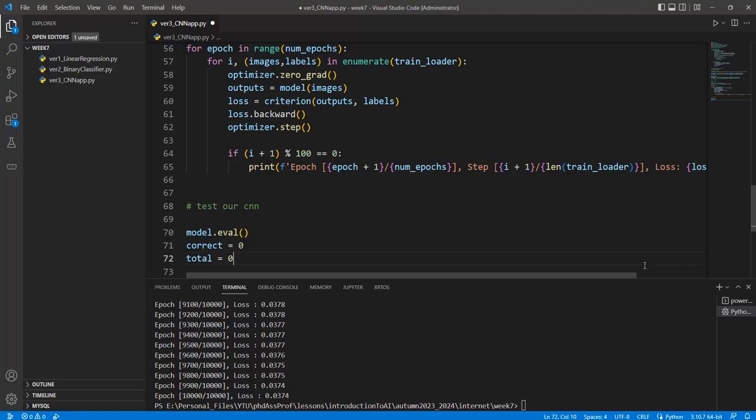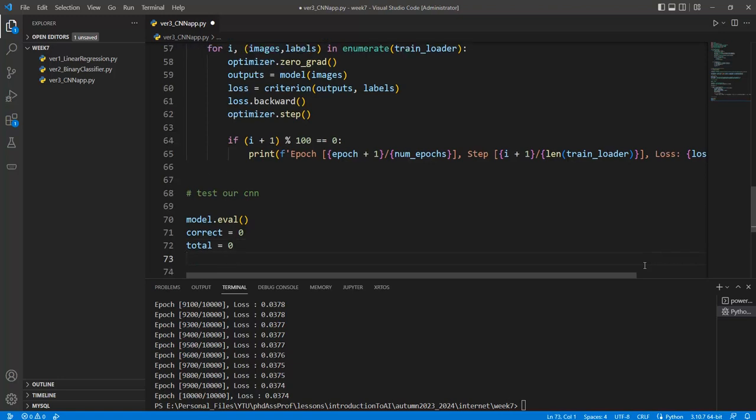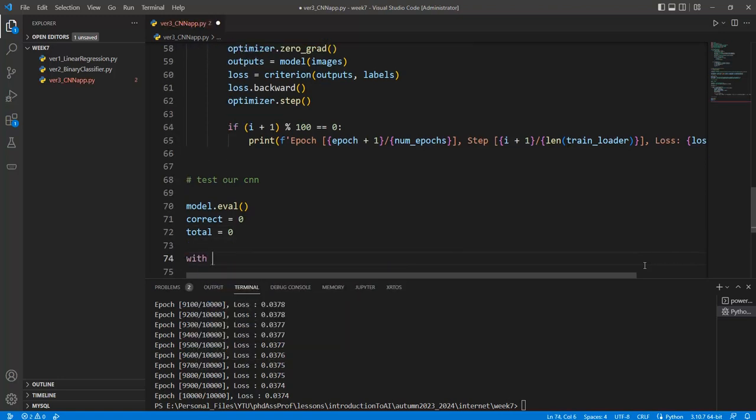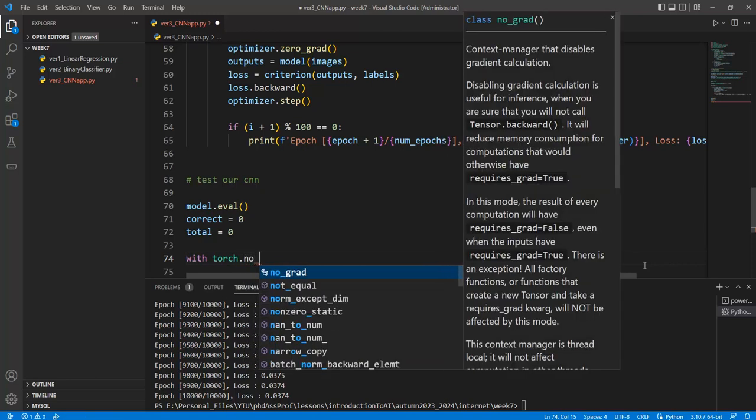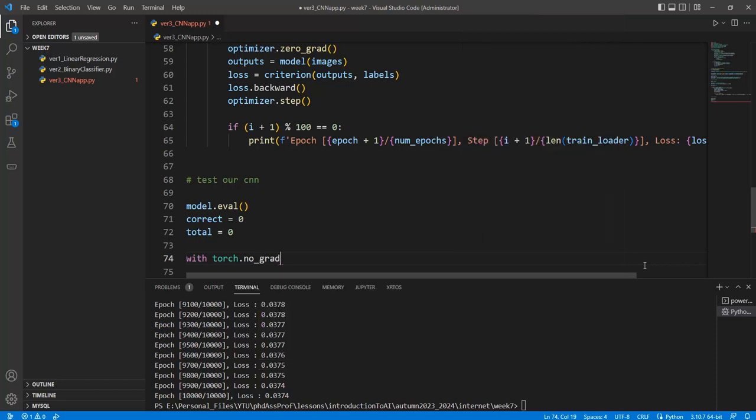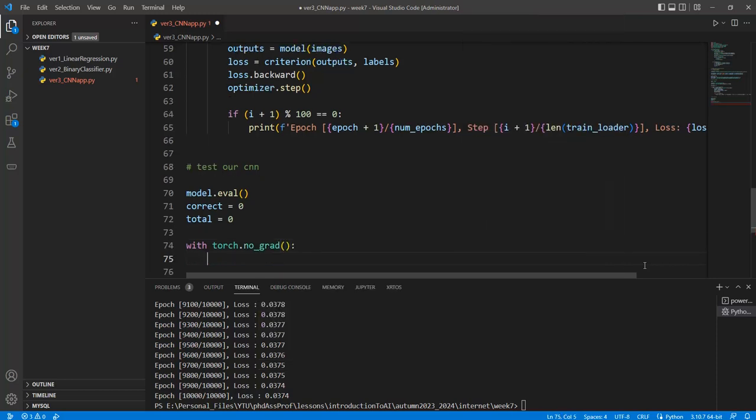And after that, if we divide the correct with the total, we get the accuracy of our algorithm. And so with torch no grad, what's the meaning of no grad? If we have this utilization, then this is not the training phase, this is only the evaluation phase.